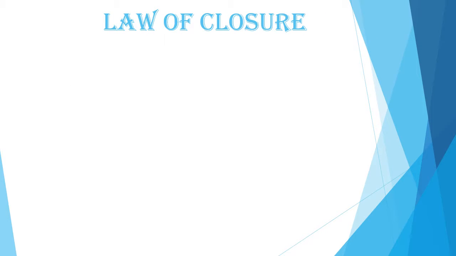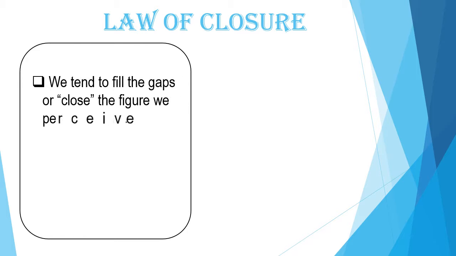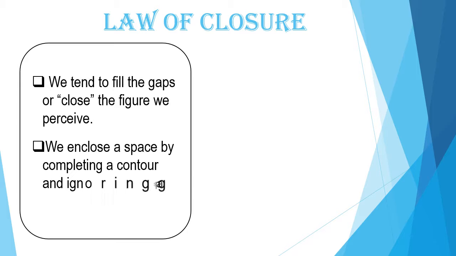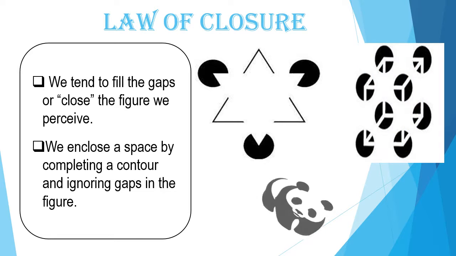Next, law of closure. We tend to fill the gaps or close the figure we perceive. We enclose a space by completing a contour and ignoring gaps in the figure, just like in these pictures.